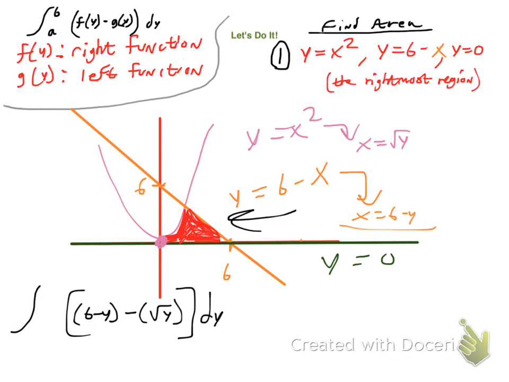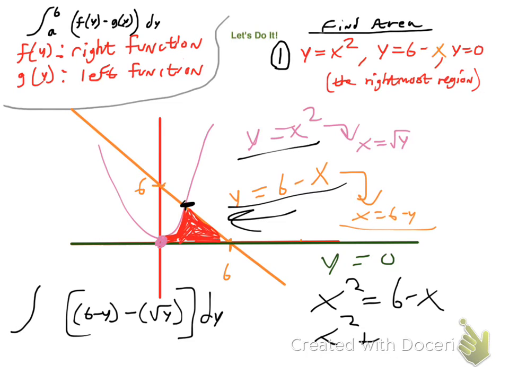the top part of the function, the highest the area goes, is the intersection point between the orange curve and the purple curve. y equals x squared, y equals 6 minus x. What is that intersection point? Set them equal to each other. x squared equals 6 minus x, which is x squared plus x minus 6 equals 0.